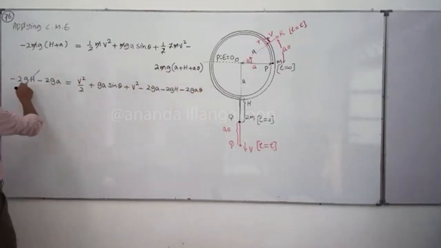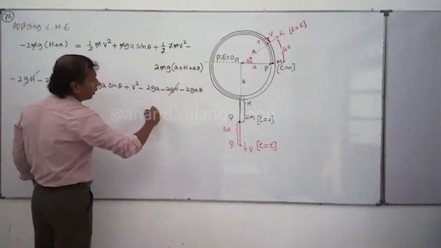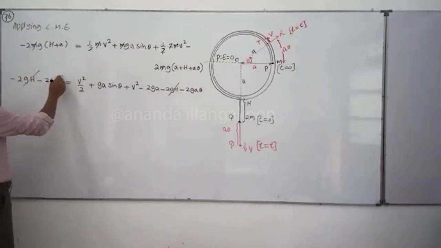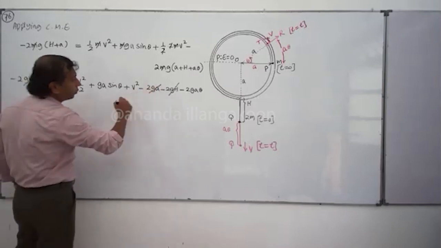This minus 2gh and this minus 2gh you can cancel down, and this minus 2ga and this minus 2ga also you can cancel down.